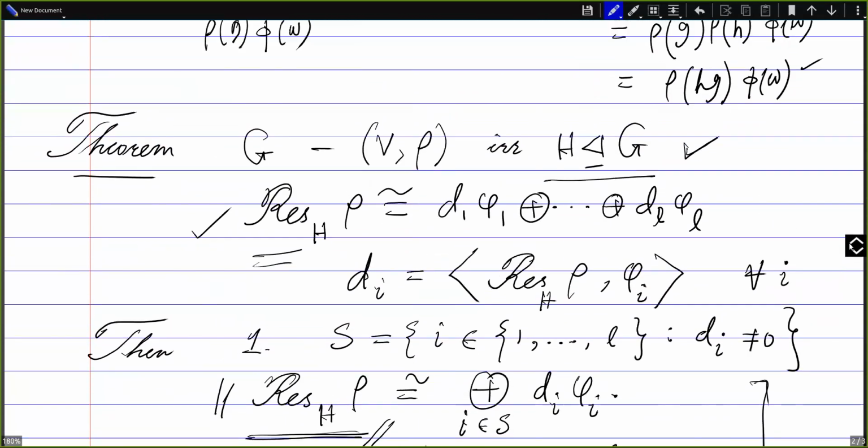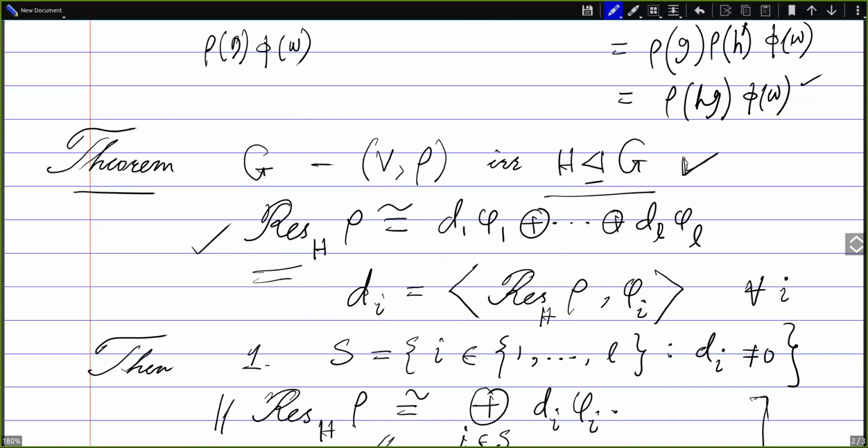Again, Clifford's theorem is under the assumption that H is normal in G. If H is normal in G, then by Clifford's theorem only those irreducible representations are allowed to occur in, or in other language allowed to be contained in, res rho.